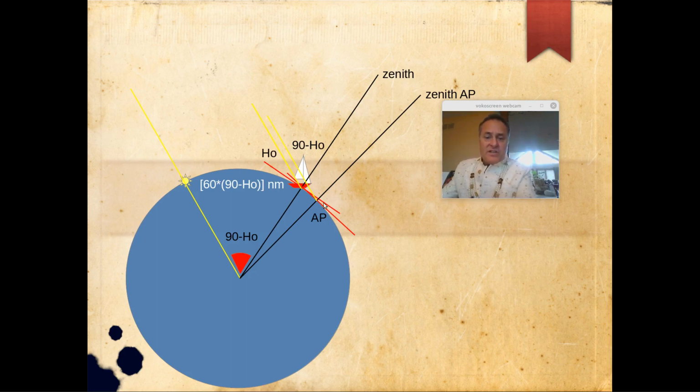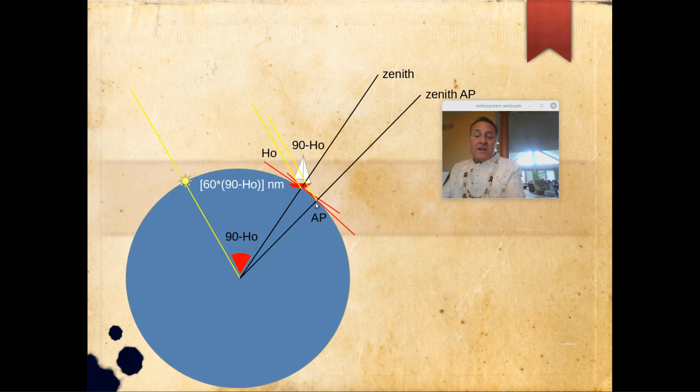But we choose an assumed position. Here's a ray of sun at the assumed position. If we were there, we would measure some value called HC. And this would be 90 minus HC, and this value from here to here would be 90 minus HC, and the length of the arc from the sun to the assumed position would be 60 times 90 minus HC.